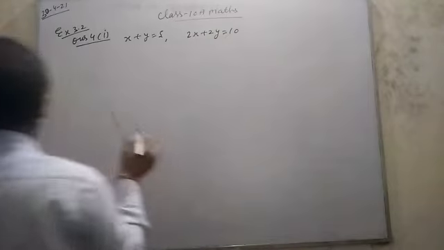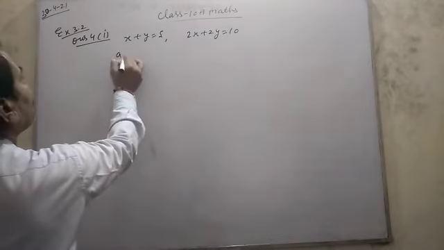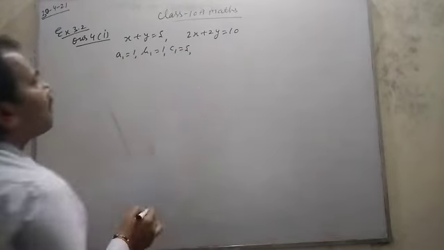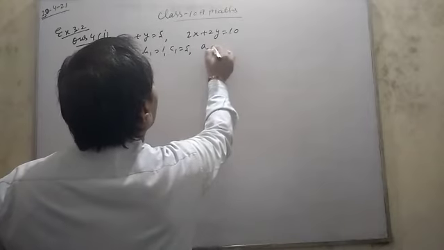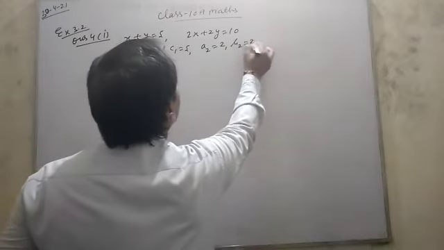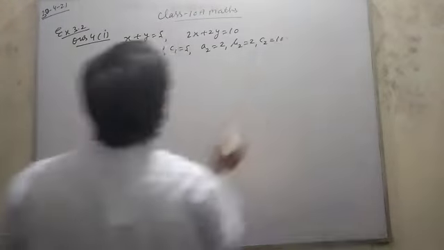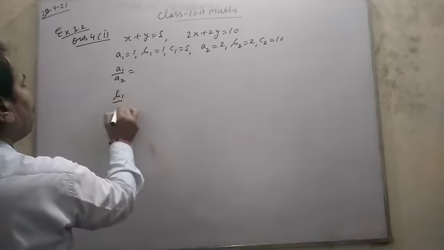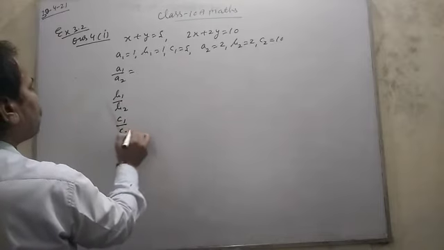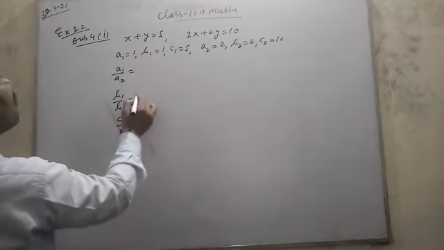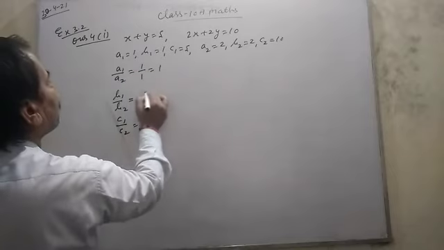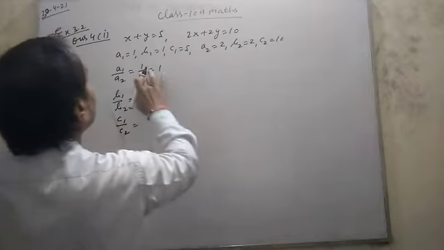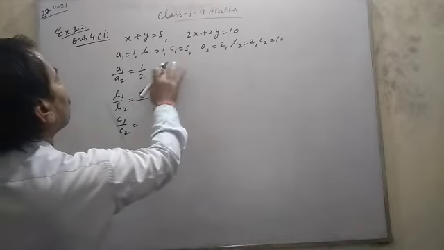equal to 10. So compare: a1 is 1, b1 is 1 and c1 is 5. Then from this equation a2 is equal to 2, b2 is equal to 2, c2 is equal to 10. Then find ratios of a1 upon a2, b1 upon b2, c1 upon c2. So a1 is 1 and a2 is 2, so 1 upon 2.